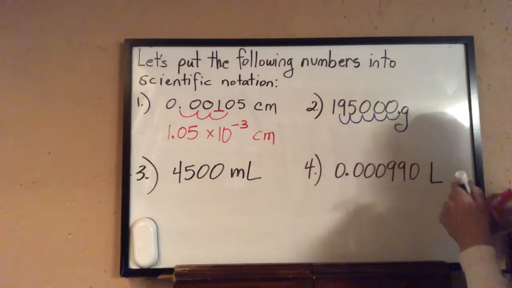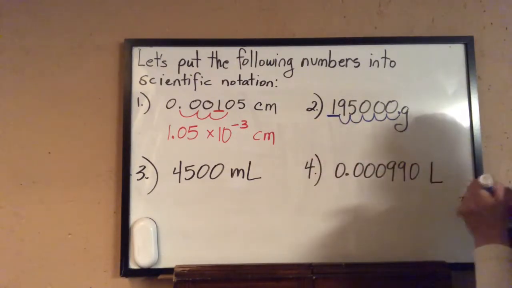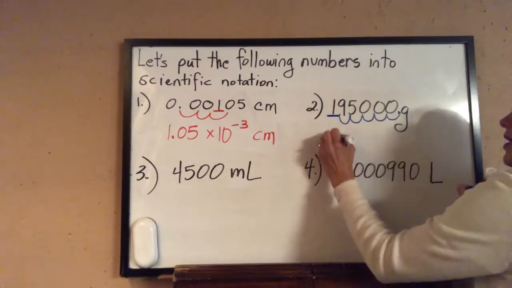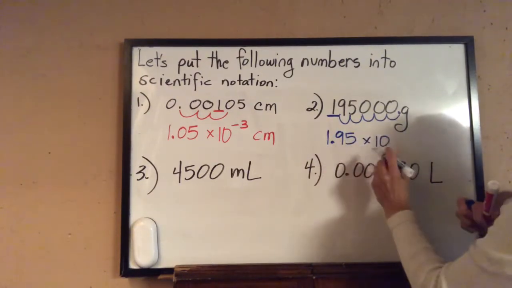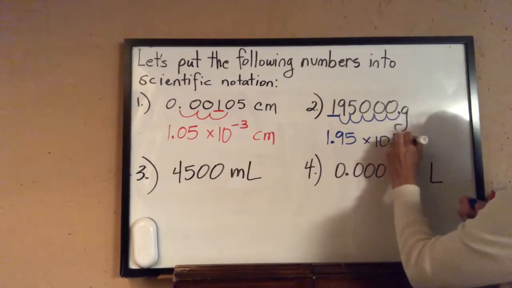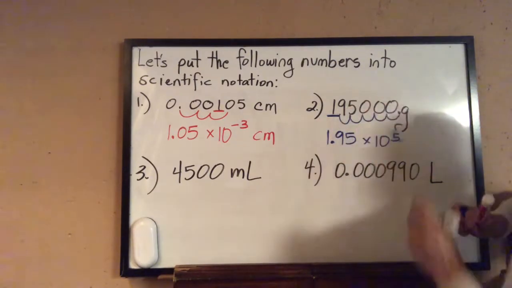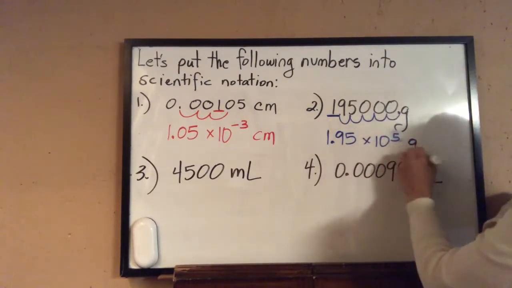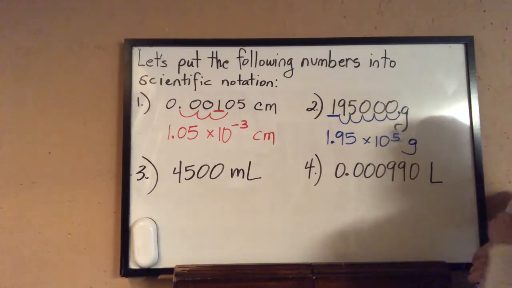The first non-zero digit is the 1, so you want to have the decimal after the first non-zero digit: 1.95 times 10 to the 5th grams. So this is a pretty large mass.